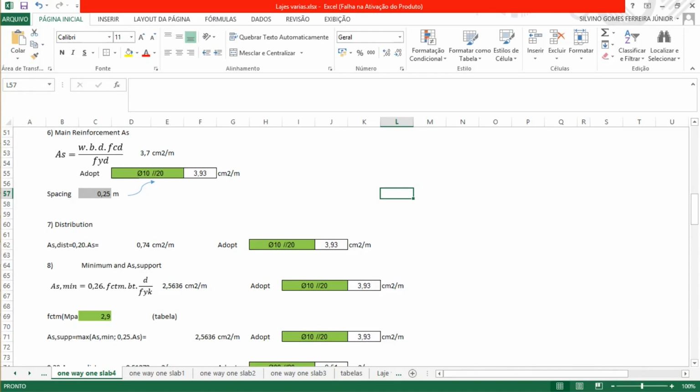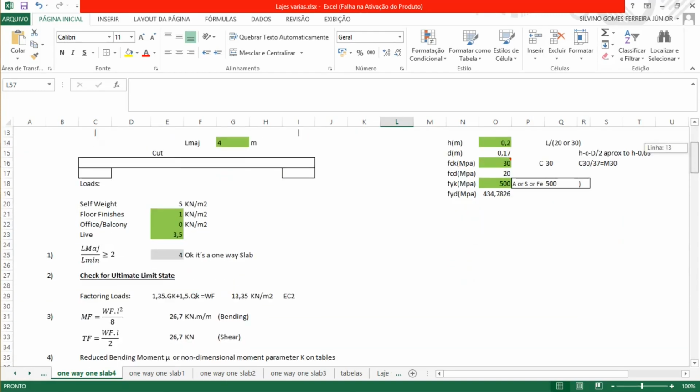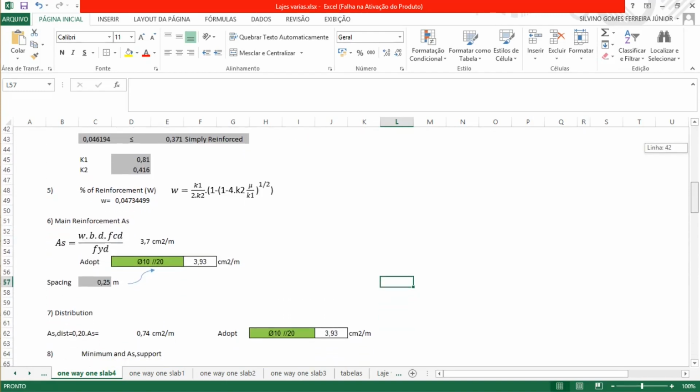After having this, we go for the distribution bars. The main bars were these ones that are along the span. Distribution bars are the ones that are now on the shorter span, along the shorter span for this case.